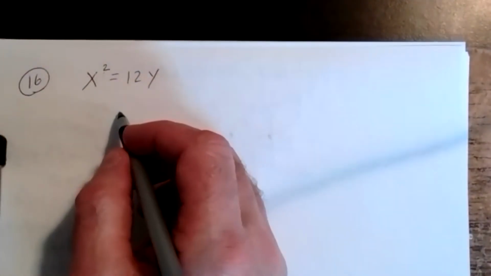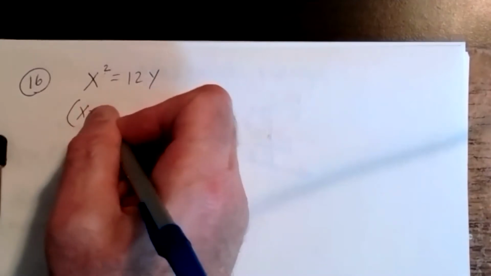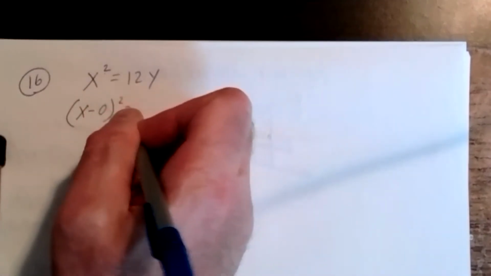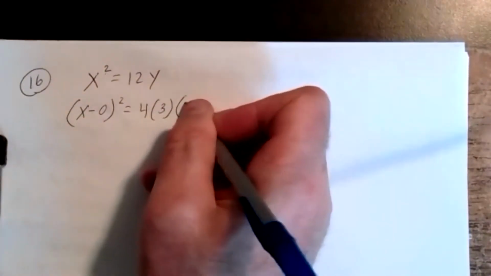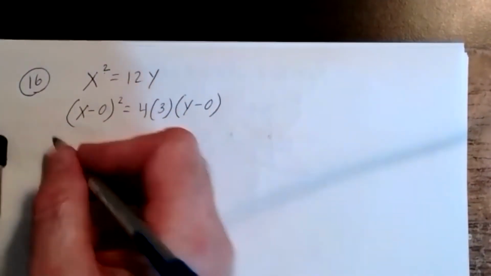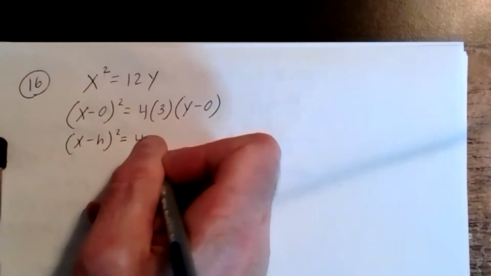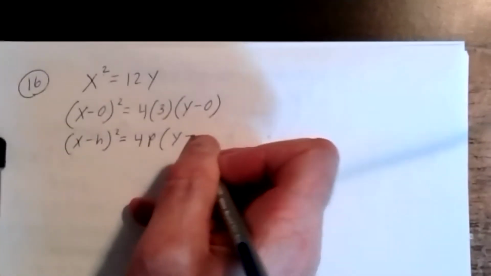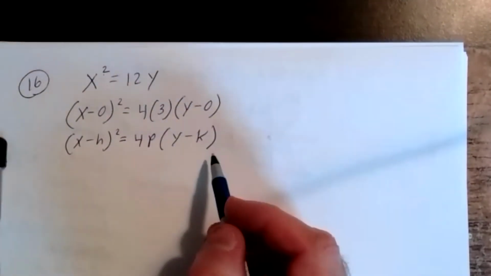To hammer this into specific standard form, we would have x minus 0 squared is equal to 4 times 3 times y minus 0. This equation now is in standard form. It's in the form of x minus h quantity squared equal to 4p times y minus k. So you can clearly see that this is a parabola that opens up or down.